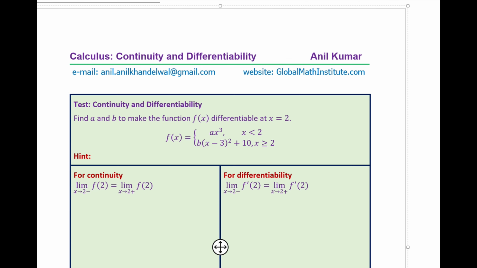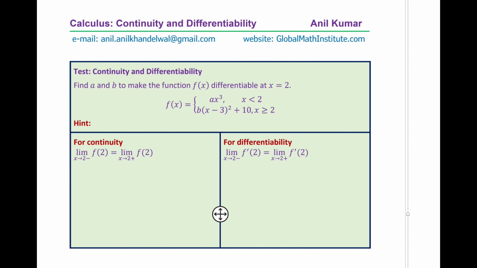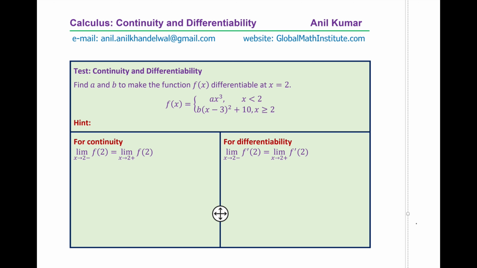Now, here is your test question based on the learnings of this particular chapter. This is a very important test question which I would like you to attempt. It is based on continuity and differentiability, which we have learned in this particular video. Find a and b to make the function f of x differentiable at x equals 2.